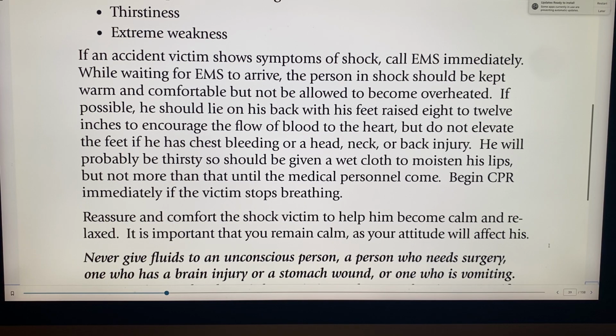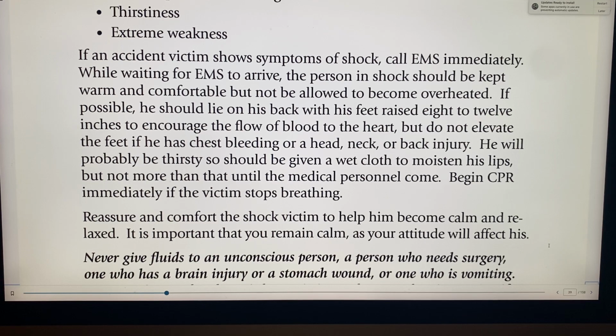If an accident victim may have some signs of shock, call EMS immediately. And while waiting, you're going to keep them warm. Lie them on their back if possible, unless they've had a neck or head injury. And a lot of times raise their feet up.